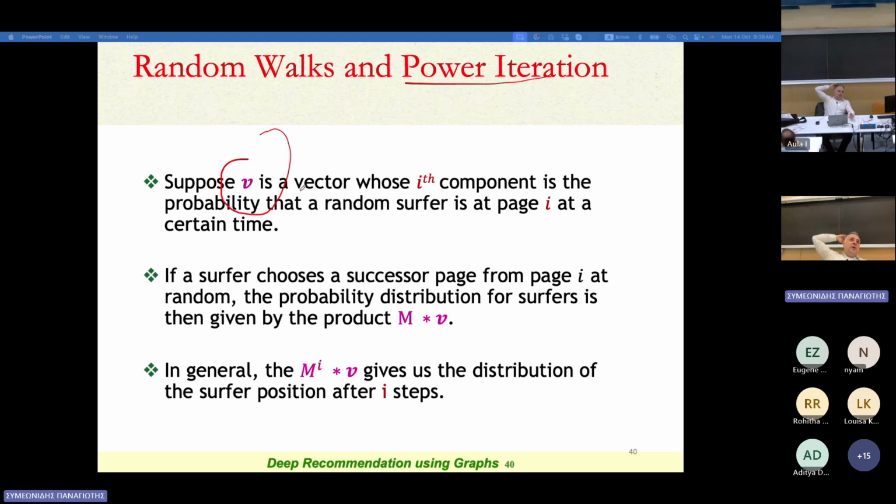If we have 3 nodes, then every component of this vector should be 0.33. So you need the initial vector that keeps the importances, and also the transition probability matrix, and you start to make multiplication between these 2 structures.